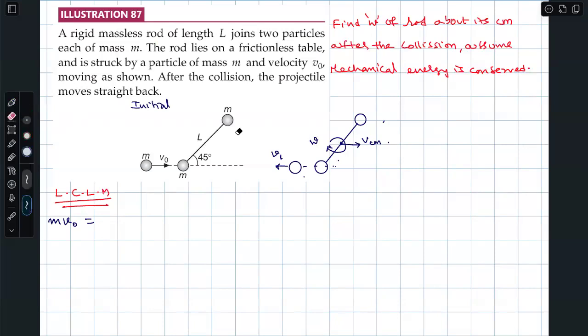I should take this in the opposite sense because the impulse is in this sense. So m v naught is minus m v1 plus 2m vcm. Let this be equation 1, law of conservation of linear momentum.